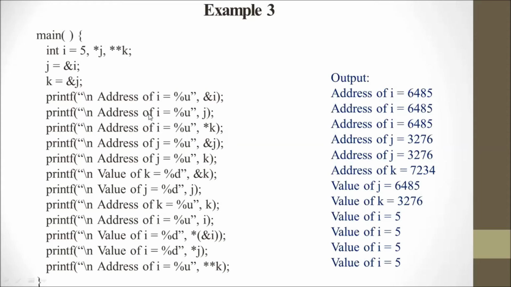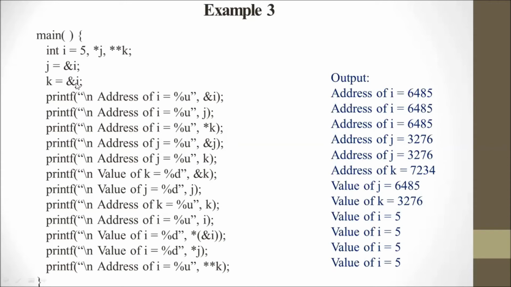And in the second printf, i equal to j. So here the ith address will be printed by j, because we assigned the address of i to the j variable. In the third, pointer k will print the address of i.